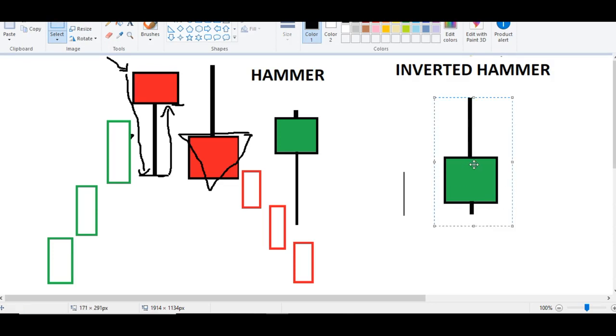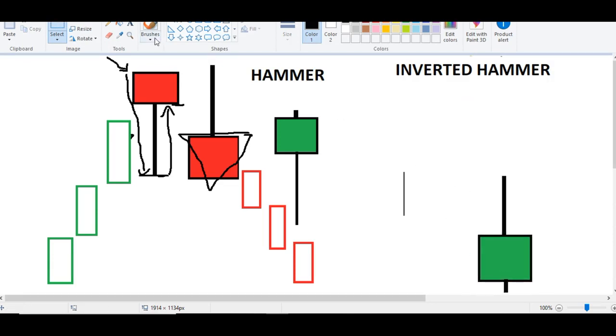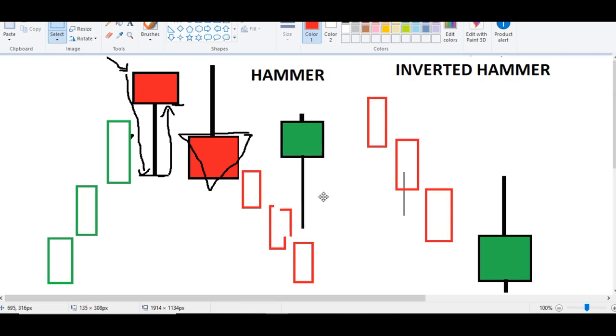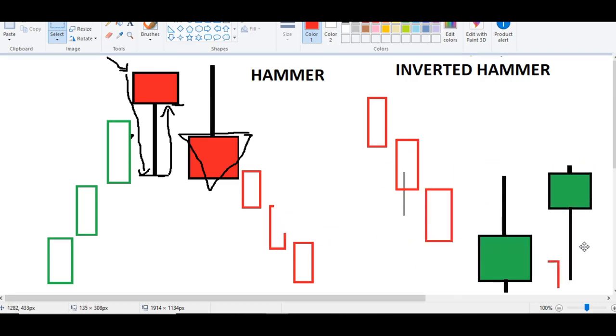if price were in a downtrend. If price is coming down, down, down like this, and then at the bottom, we see this. Let me move this here. We see either of these candlestick patterns.